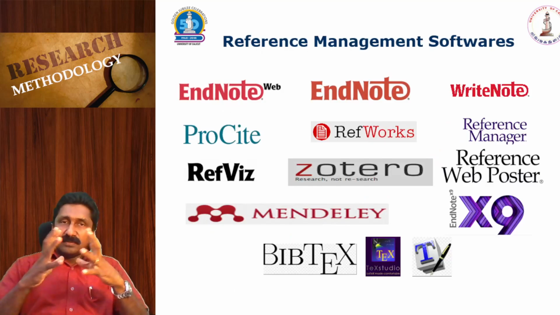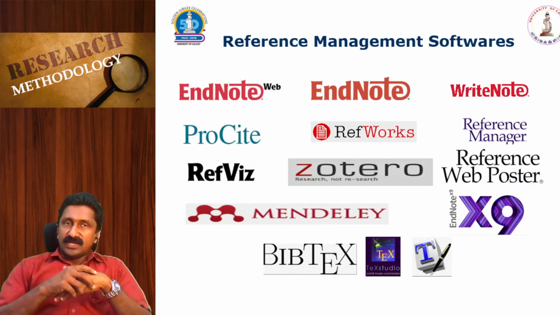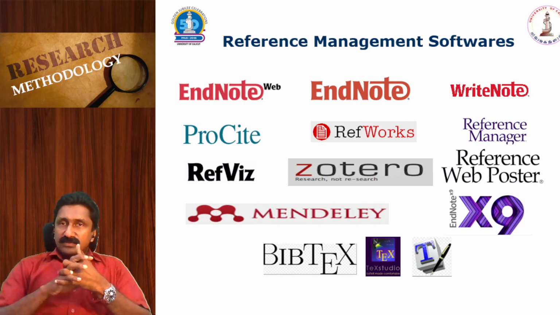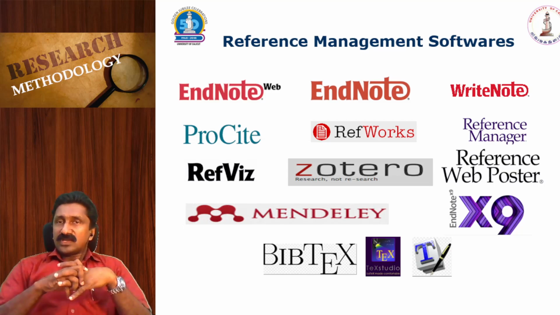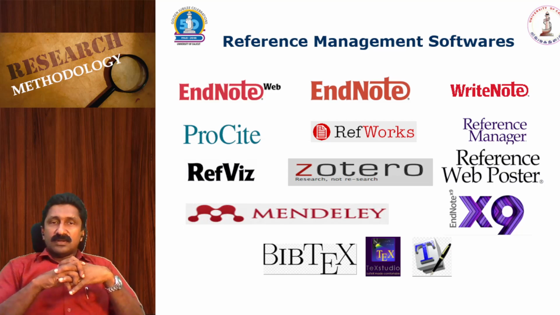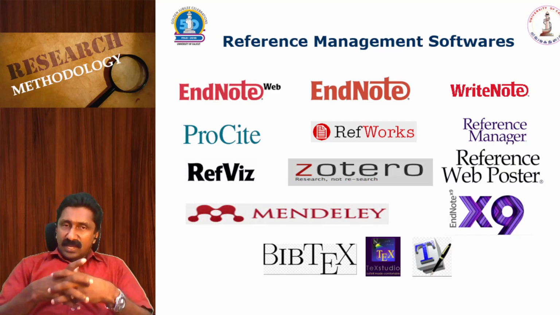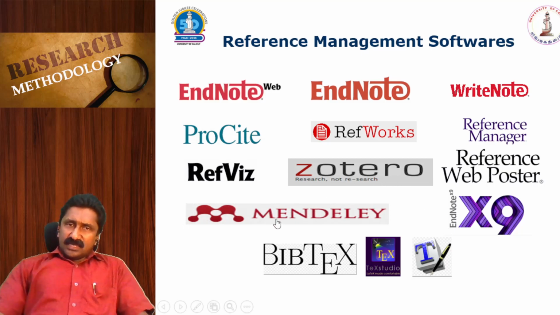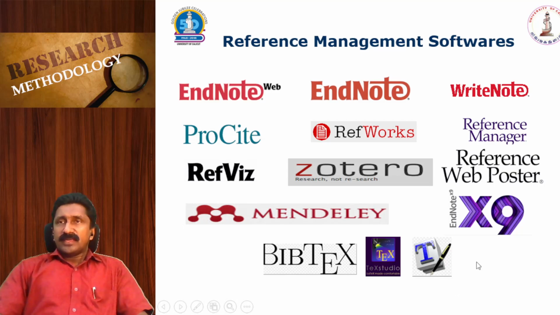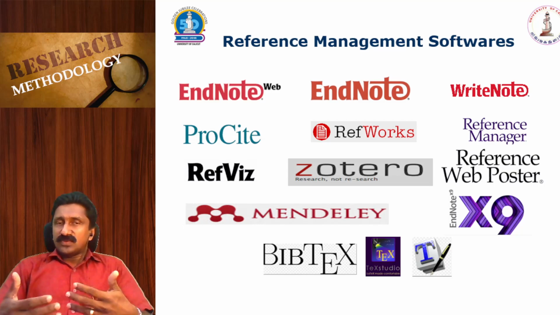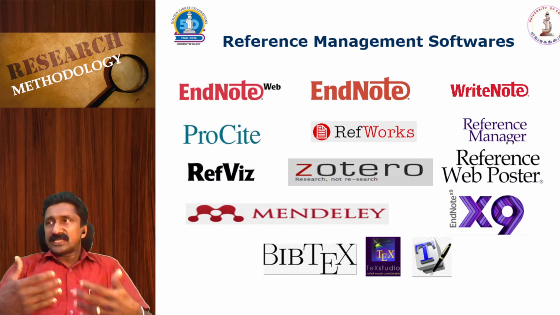These are the reference management softwares available nowadays. EndNote is one of them, and ProCite, RefWorks or Reference Manager, Zotero, then Mendeley. These are some of the softwares, and there are some items like BibTeX or TeXstudio, etc. BibTeX is another software which is basically used by chemistry, physics or mathematics people, because most of us depend on Microsoft Word as a word processing software.